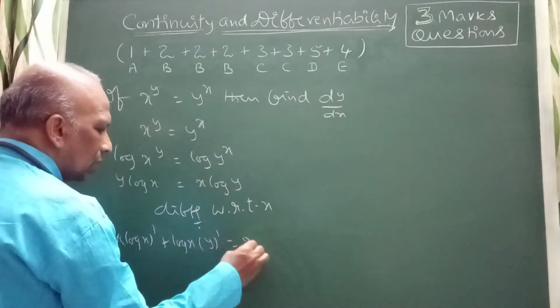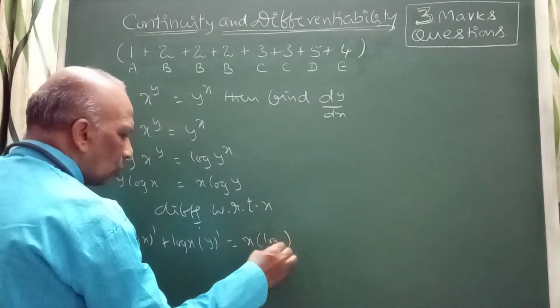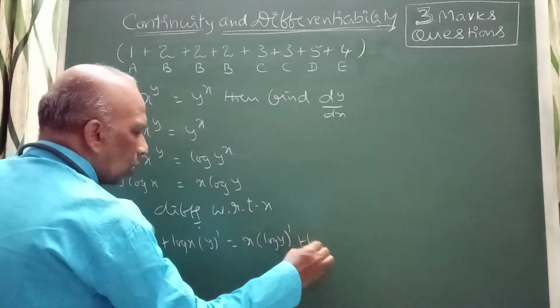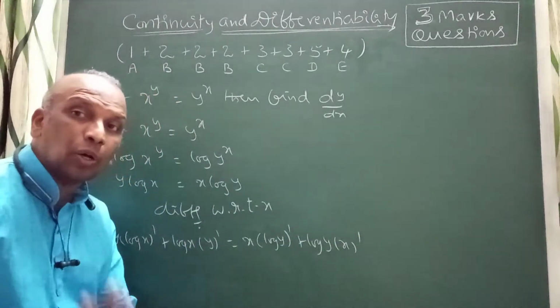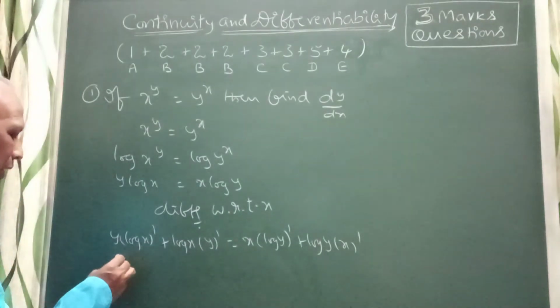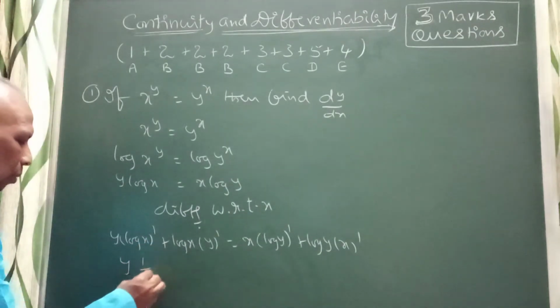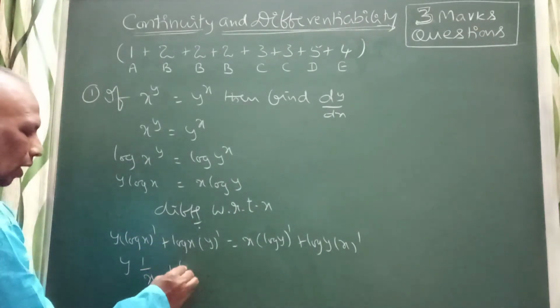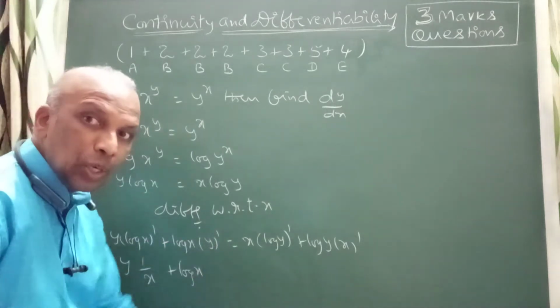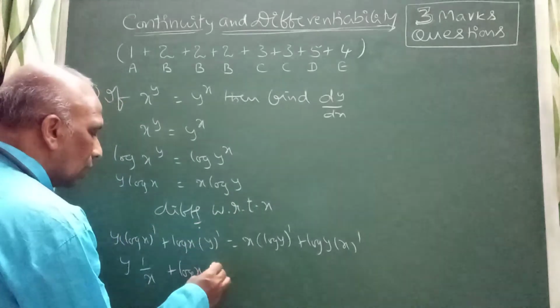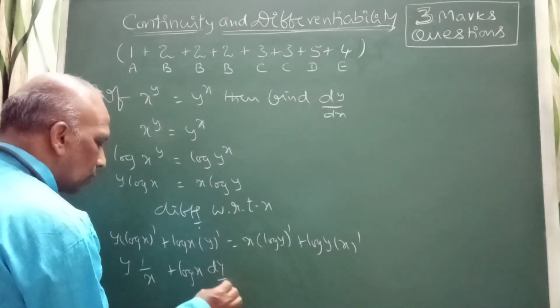On this side, x into derivative of log y plus log y into derivative of x. Now you can see y into derivative of log x, which is 1 by x. Log x into derivative of y, which is dy by dx.